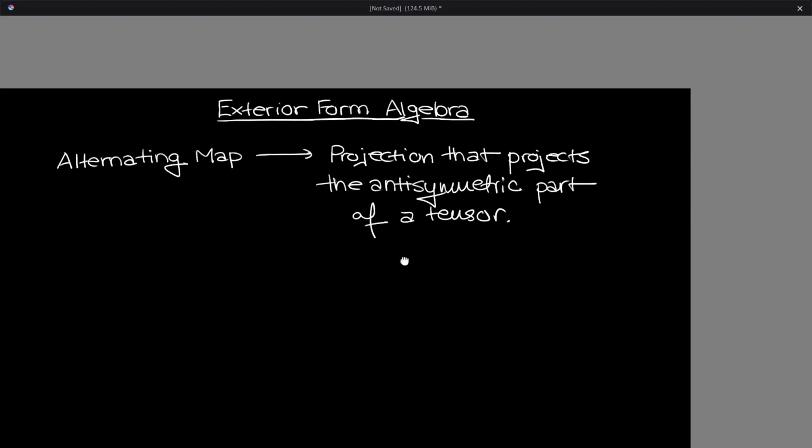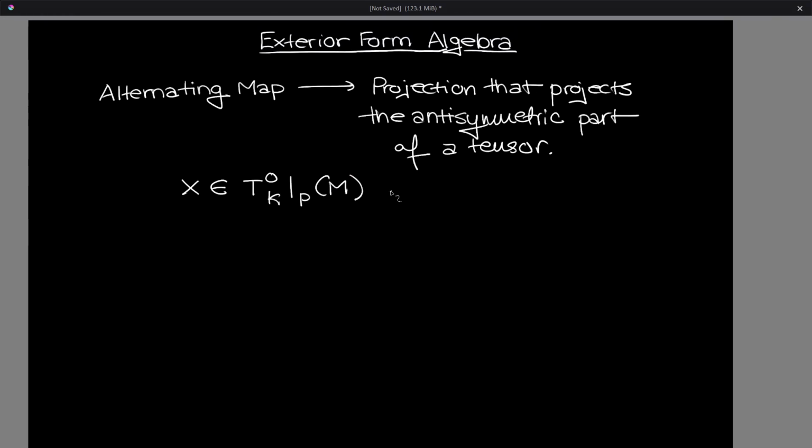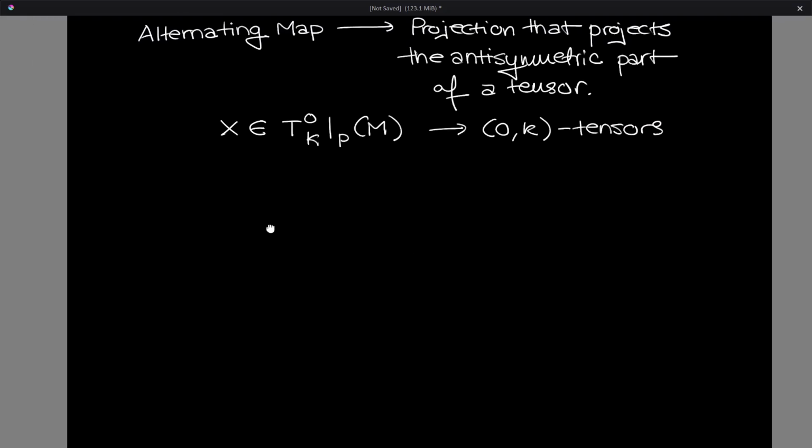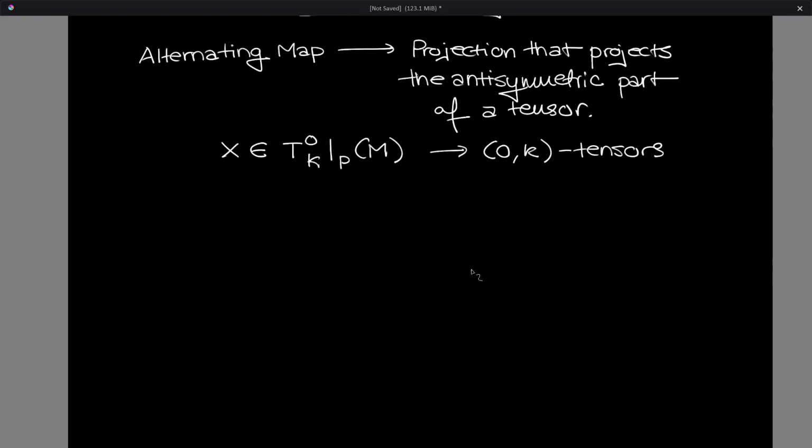In this case, we're only concerned with x an element of T0k P of M, the 0k tensors. This alternating map gives us the antisymmetric part. The exterior algebra is really the algebra of antisymmetric, in this case covariant, tensors.